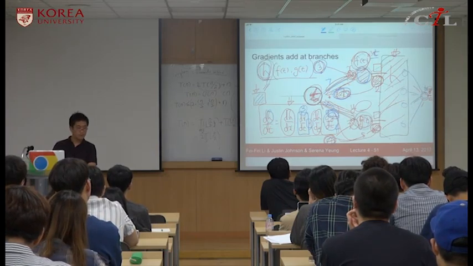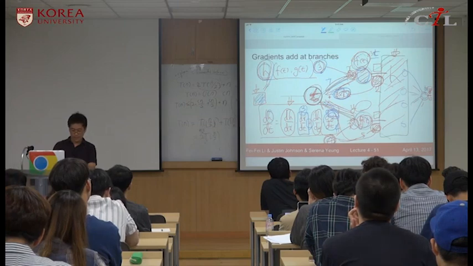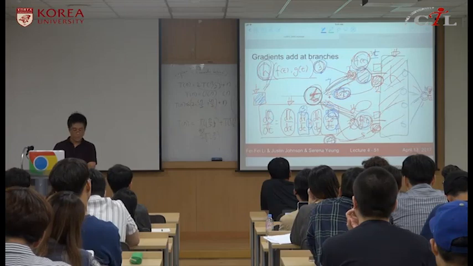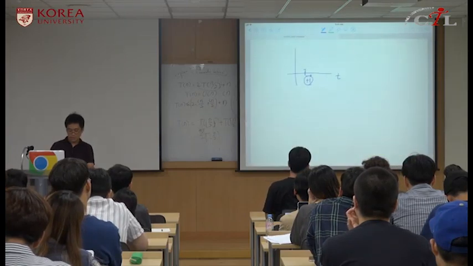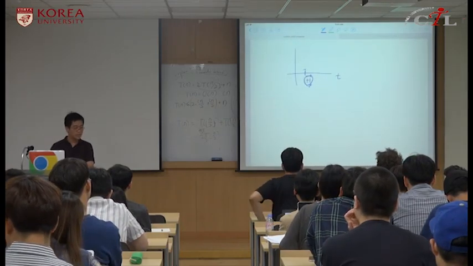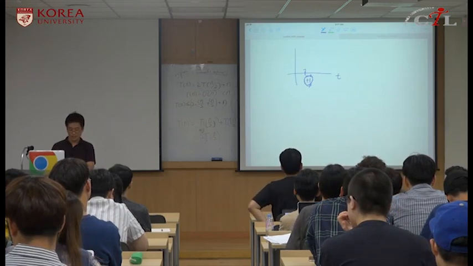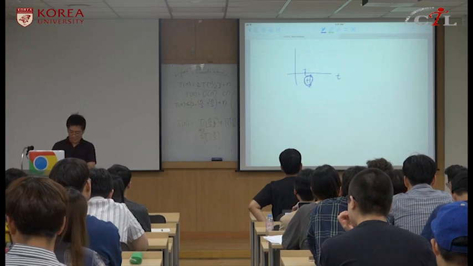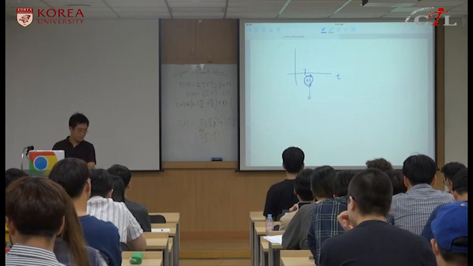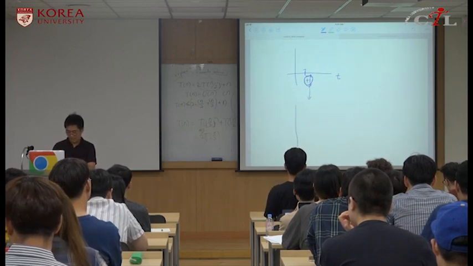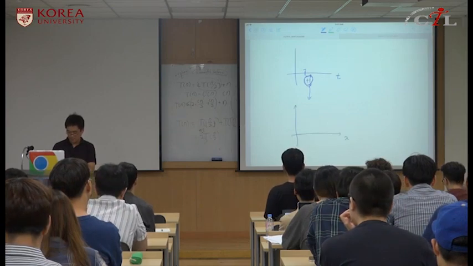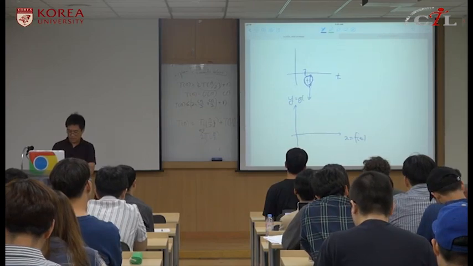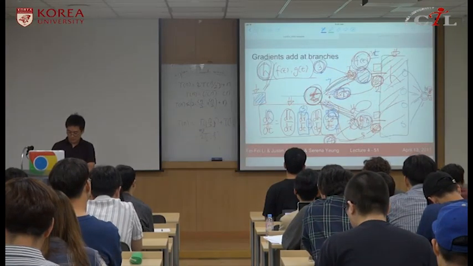So this is the final function that will produce this loss function, and we want to know the changes due to the unit length change of t. If t is changed by 1, that will incur changes in x and y, which are f of t and g of t, corresponding to this and this node.